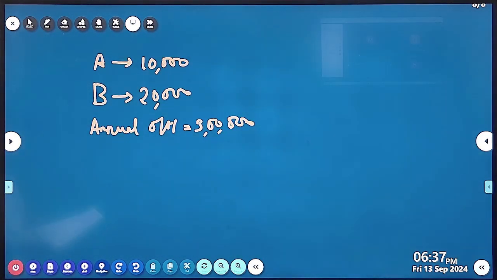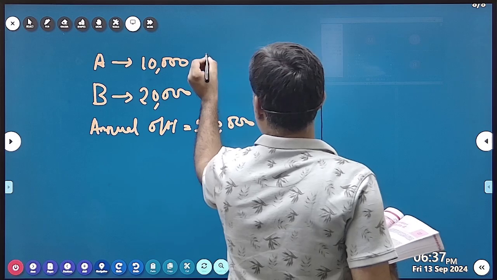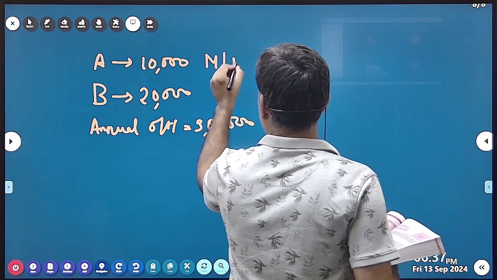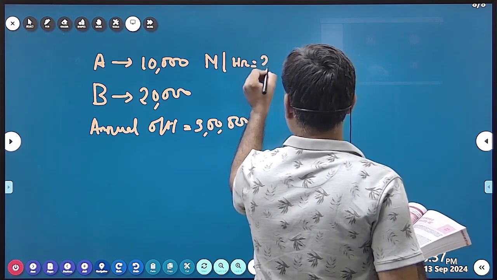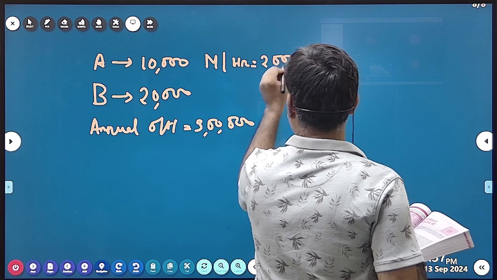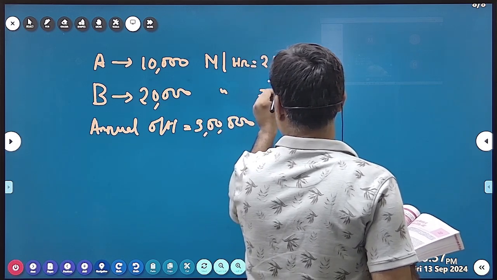The machine hours required for product A is 20,000, and for B it is 10,000 hours.